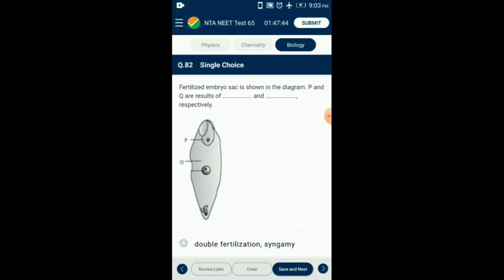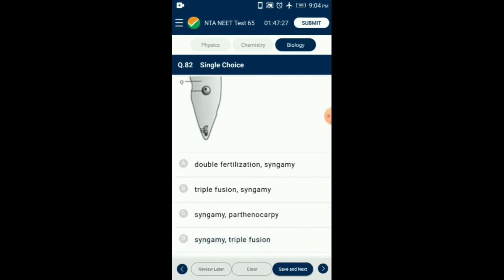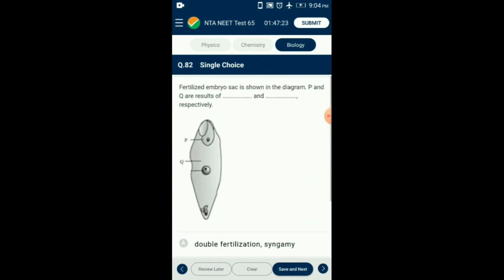Male gamete 2 fuses with the diploid central cell, which is called triple fusion. The primary endosperm cell is formed. Syngamy and triple fusion together are called double fertilization. So the answer for this question is option D, syngamy and triple fusion.